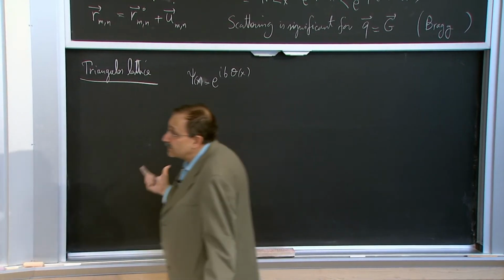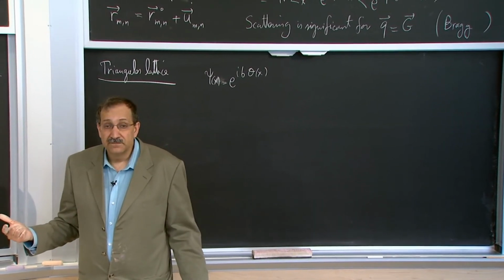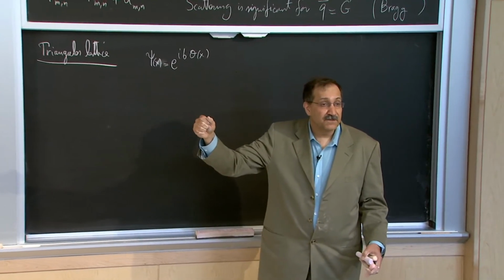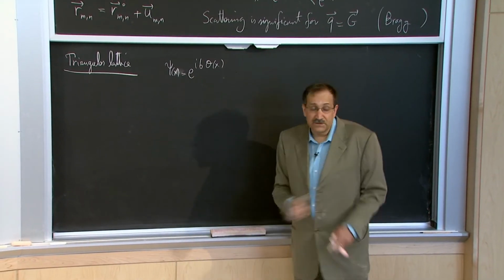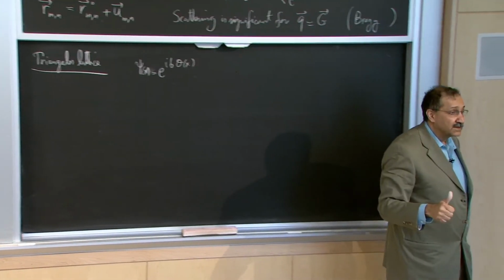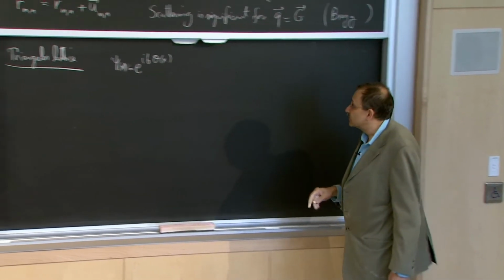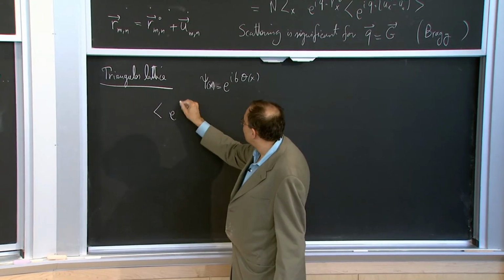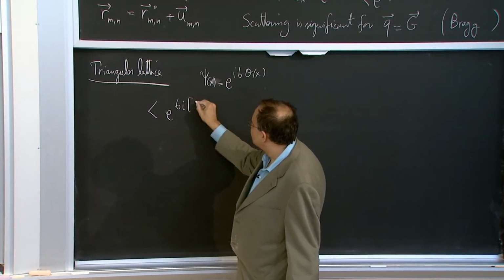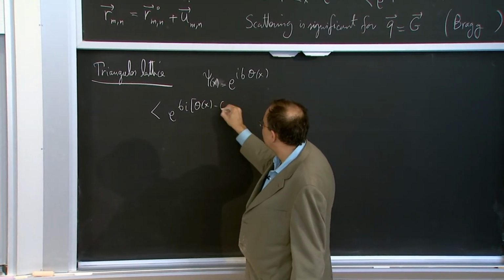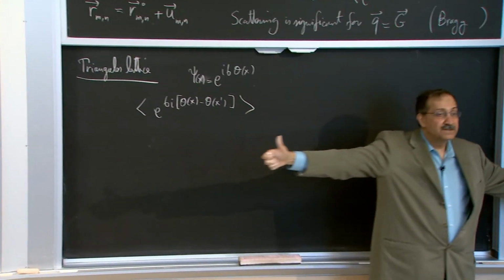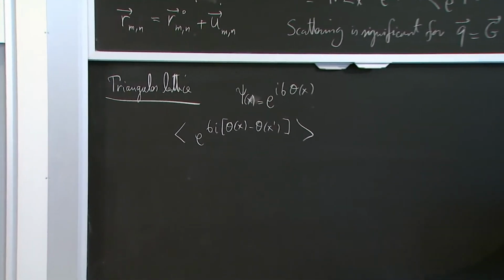You can see that again, if I'm at 0 temperature, I can reorient the lattice any way that I like. This phase would be the same across the entire system. So what I'm interested is to find out what is the expectation value of this object when I look at points that are further apart.